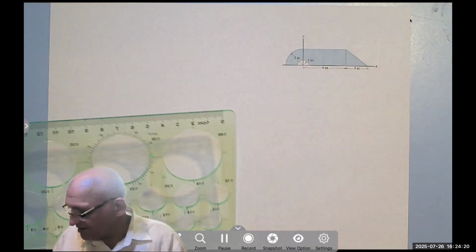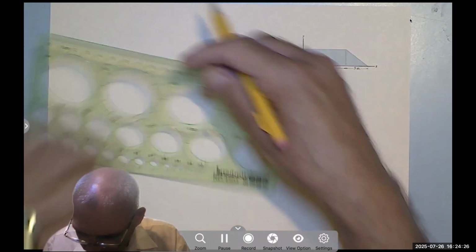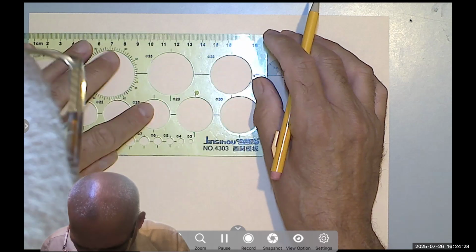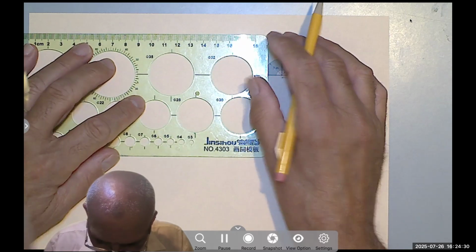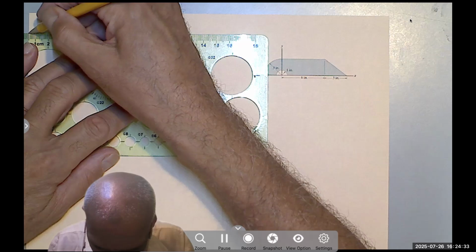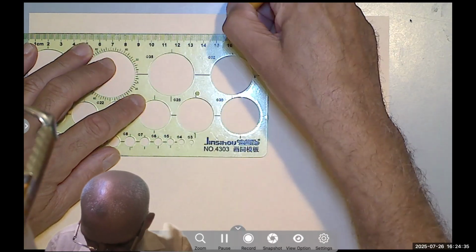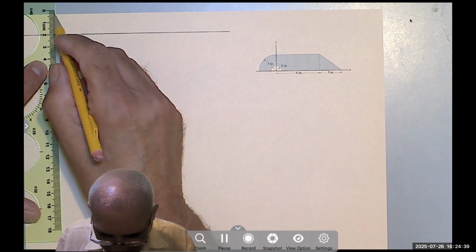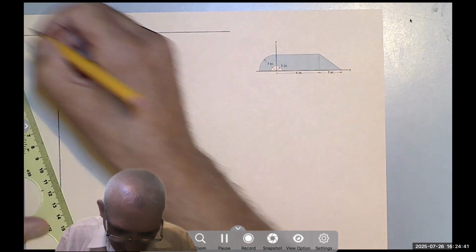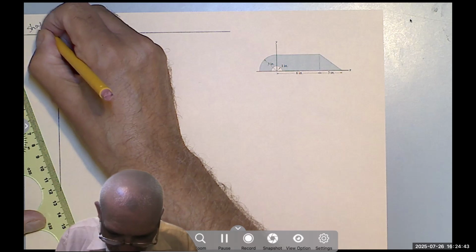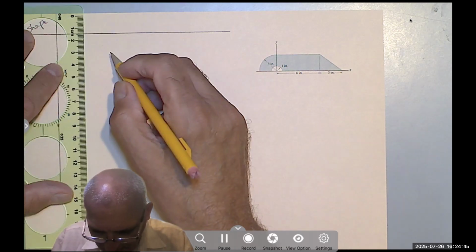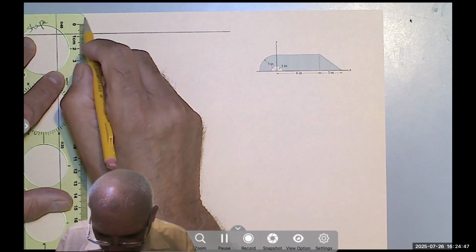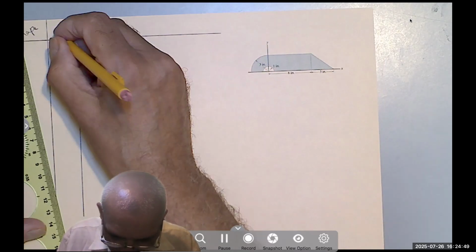So let me just use this pencil. I will construct a table, and I'm going to divide it into 6 columns. The first column I'm going to call shape. Then I will do the area.